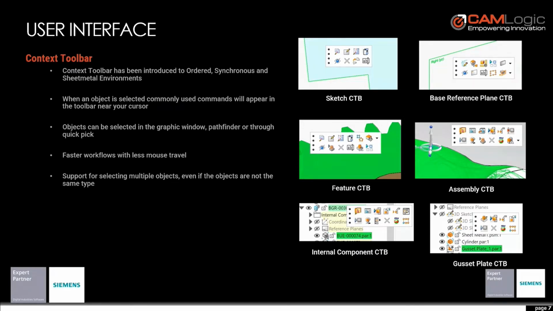Whenever you select an object, this box appears near your object, and you are then able to select one of these commonly used commands that are available. This allows you to work a lot faster, with less mouse travel. You don't have to always keep going back up to your ribbon bar all the time. You can just select your object, select your action, and move on.